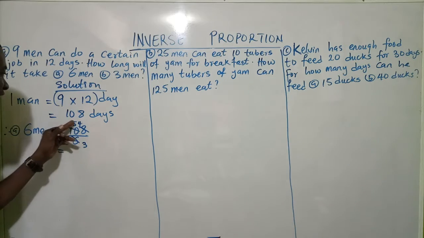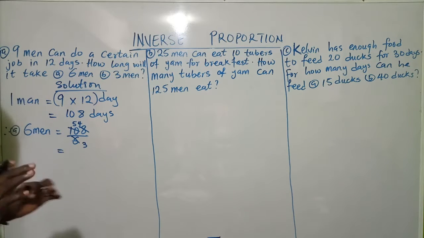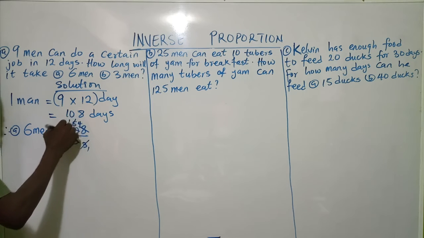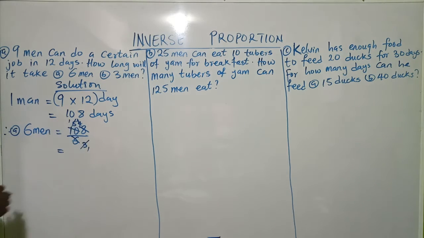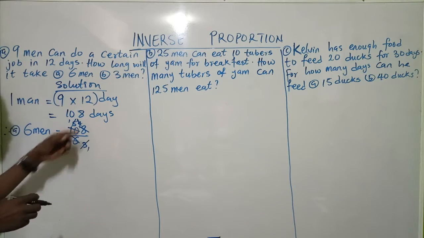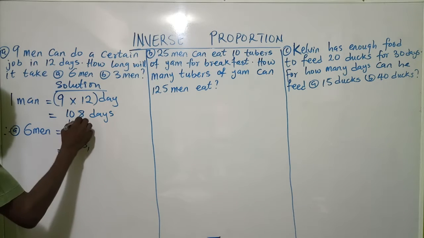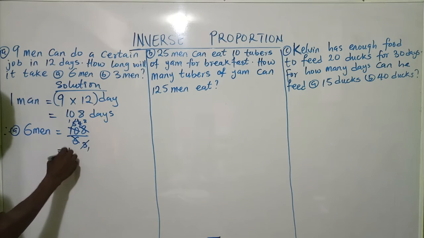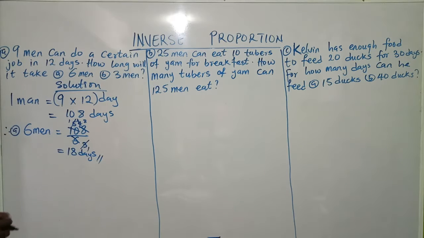How do I know? 5 plus 4 is 9, and 9 is a multiple of 3, so 3 can divide this number without a remainder. 3 in 6 is 1. 3 in 5 is 1, remainder 2, that is 24. How many 3s do I have in 24? That is 8. So that means 6 men will finish this job in 18 days.